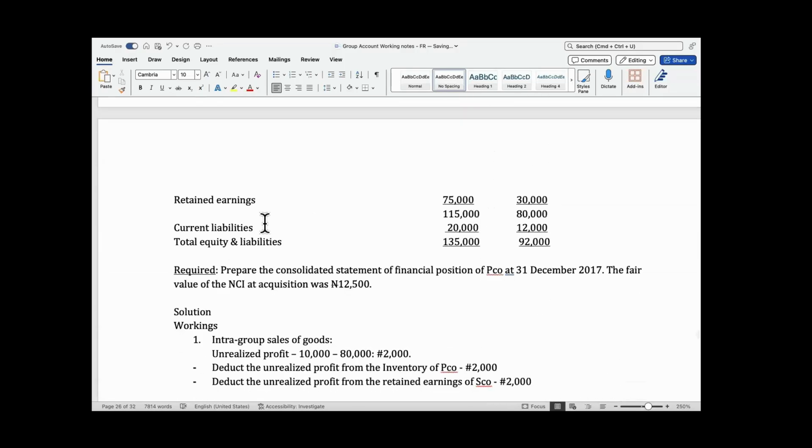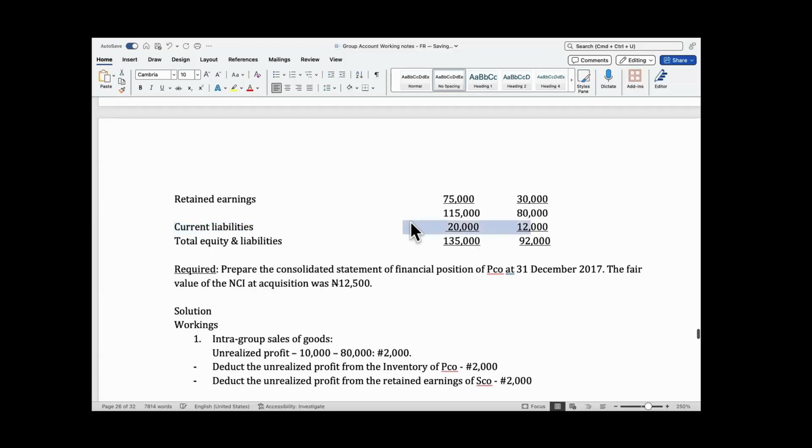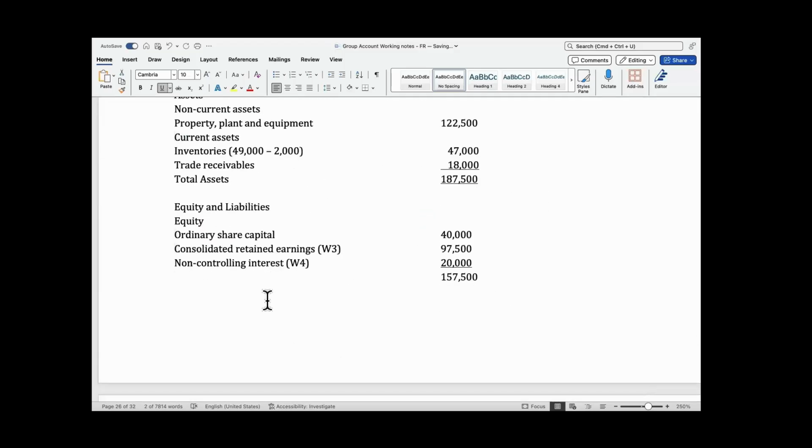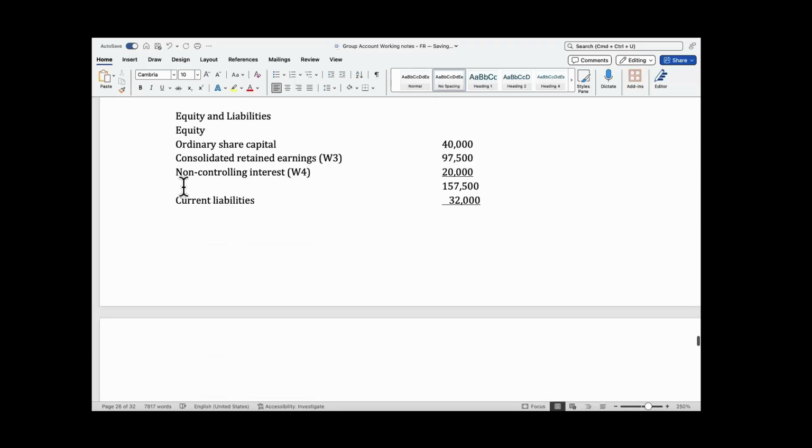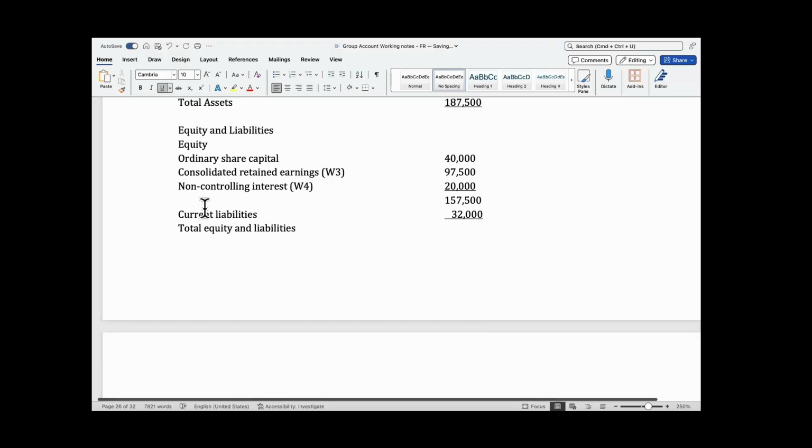Then my current liabilities is 32,000. So my total equity and liabilities gives me 187,500.